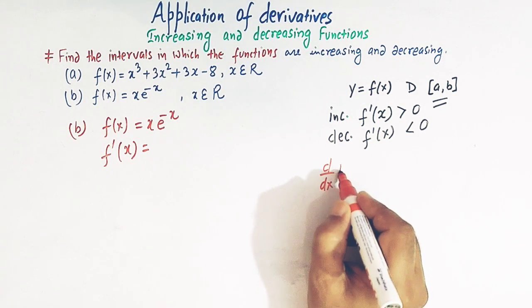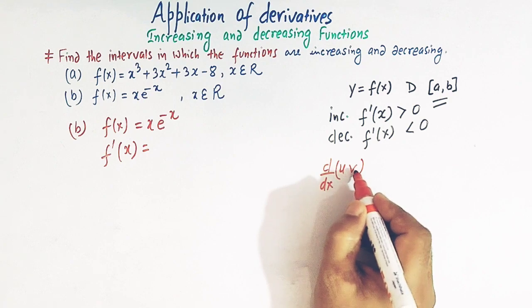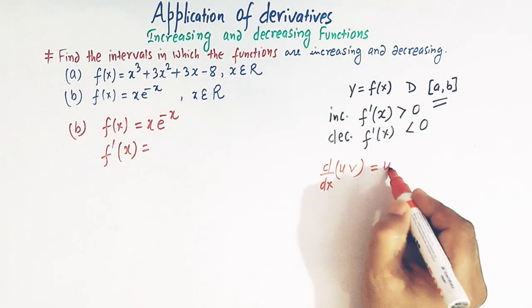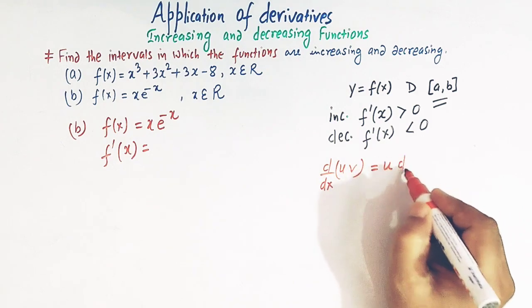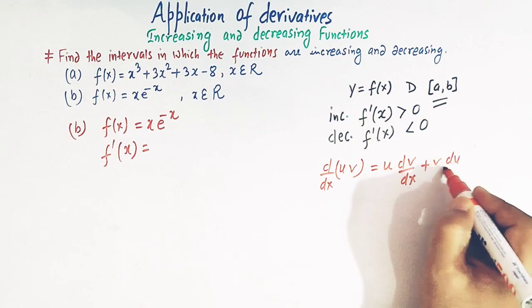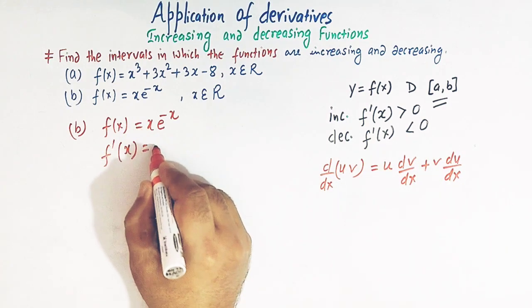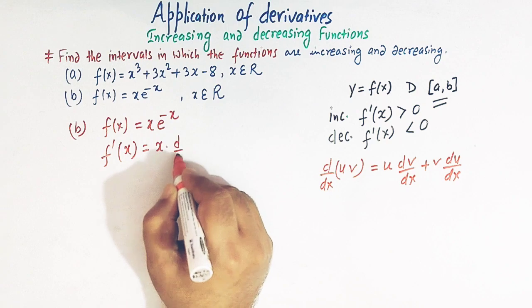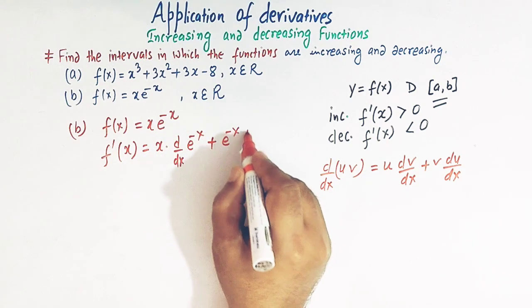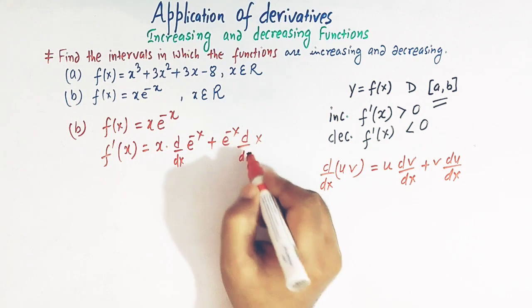So the product rule goes like this: if u and v are two functions of x, then we have the product rule as u times dv by dx plus v times du by dx, right? So here we have x, then the derivative of e raised to minus x, then e raised to minus x, and the derivative of x.